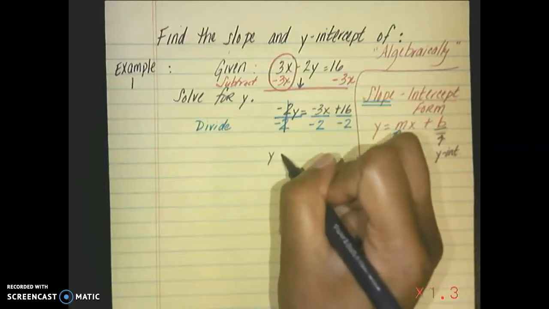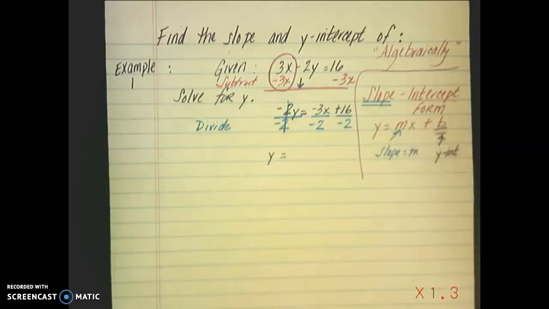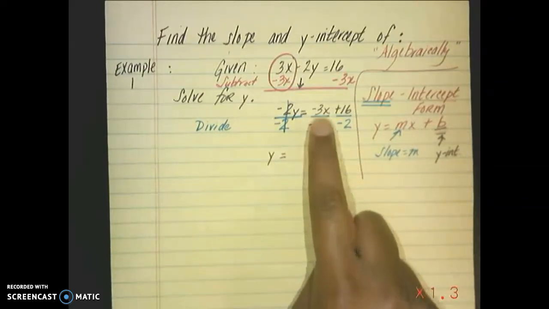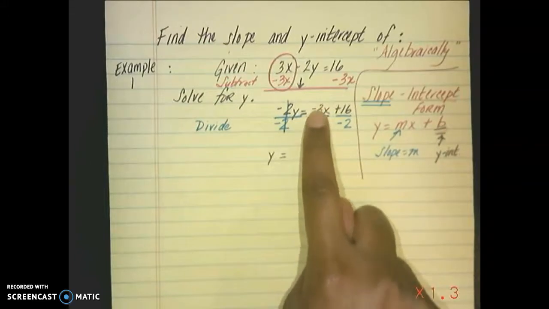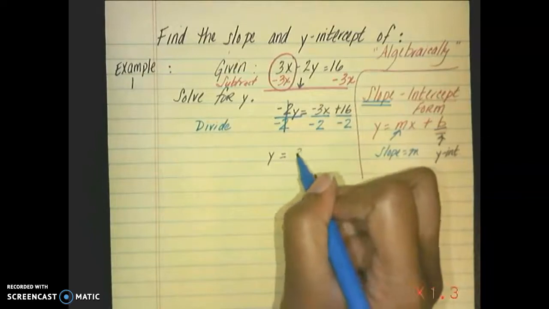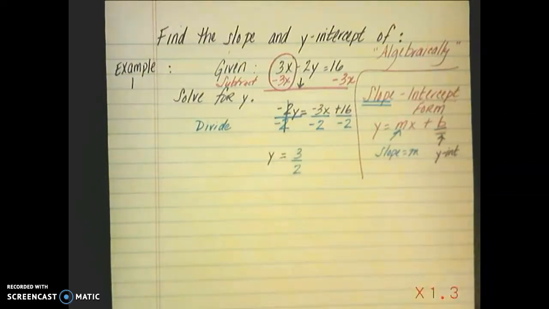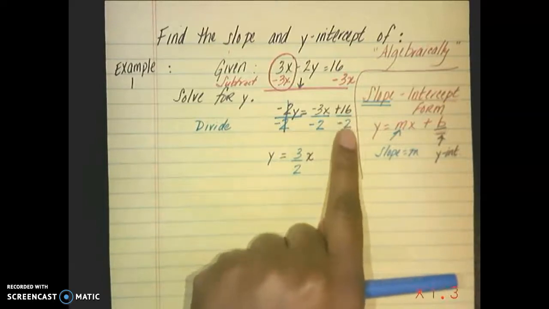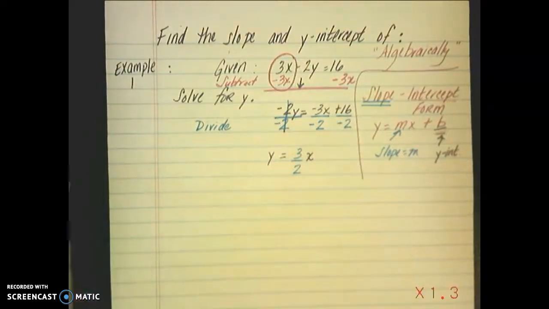Then I have my equal sign, and over on the right-hand side I have two negatives dividing. A negative divided by a negative is a positive. So this is going to become 3/2 x, and then plus 16 divided by a negative 2 is going to become a negative 8.